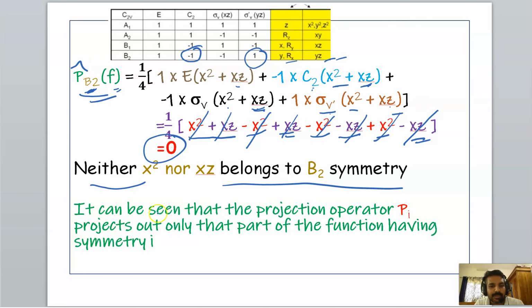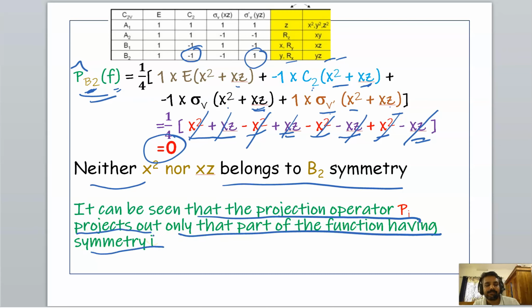Okay, it can be seen that the projection operator Pi projects out only that part of the function having the symmetry i. Okay, and this is a very important tool in the construction of symmetry adapted linear combinations. If you are discussing molecular orbital theory and hybridization, we want a linear combination of atomic orbitals. So arbitrarily we take a function, and it passes through our character table.